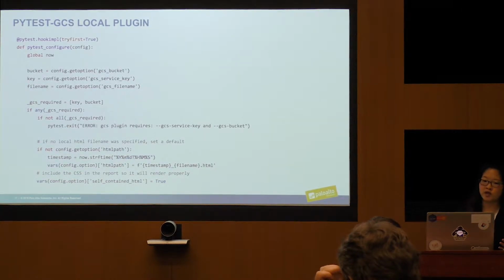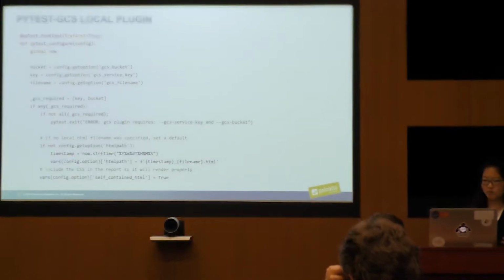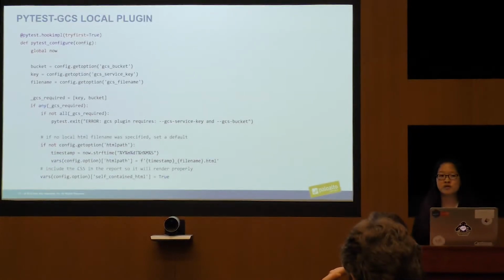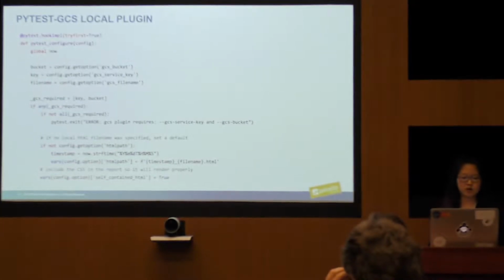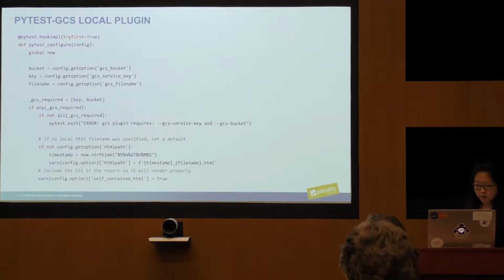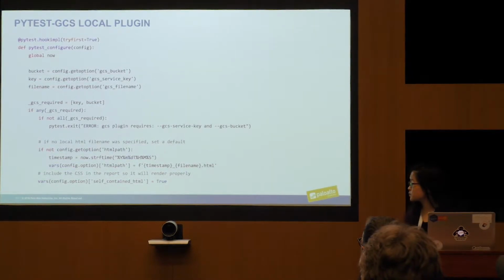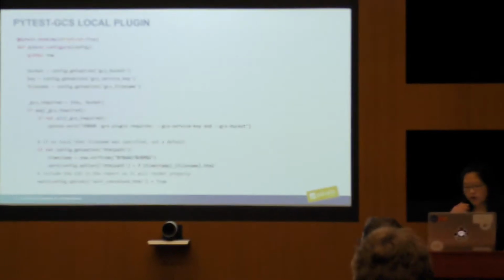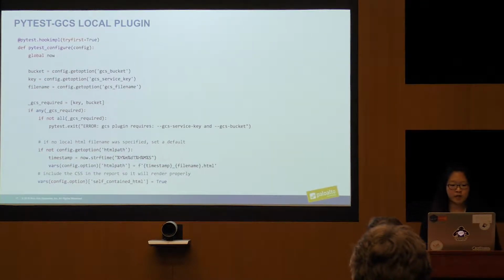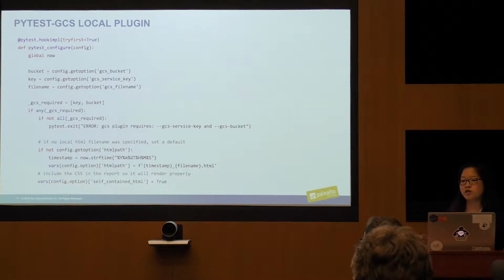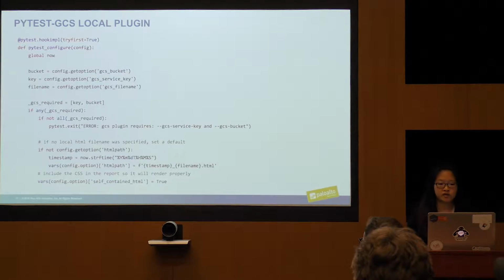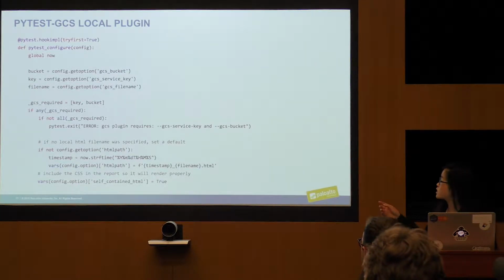They've either specified none of the options and we don't do this, or they specify all the options and we'll proceed with this upload. So then we'll get the HTML file name, and I decided I wanted to prefix everything with the timestamp, which is why I have this timestamp included everywhere.